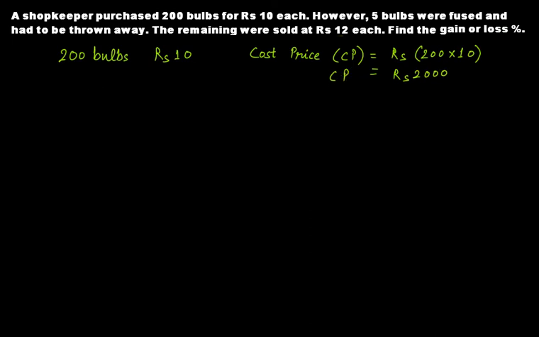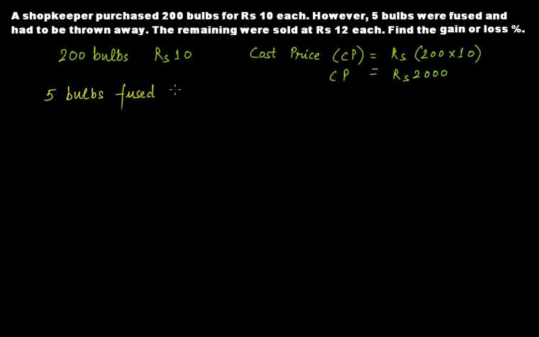Okay, now your 5 bulbs were fused and they have to be thrown away. So 5 bulbs are fused. So now tell me how many bulbs you can actually sell.